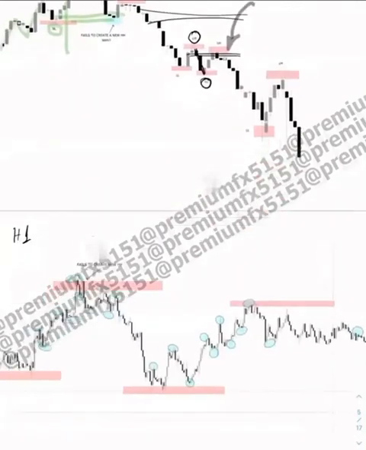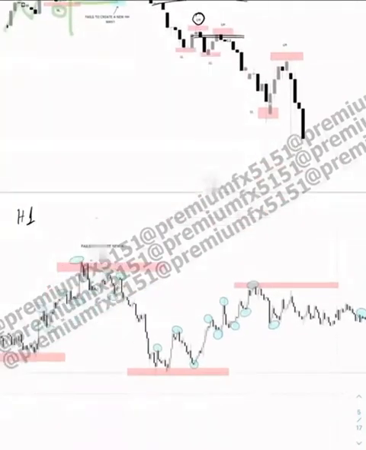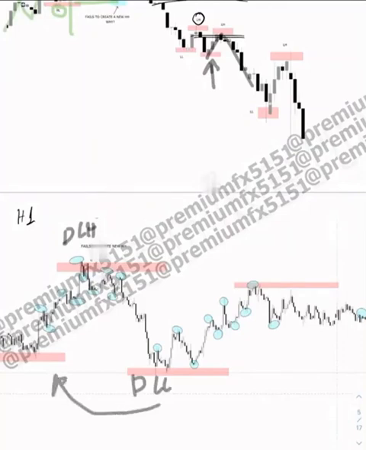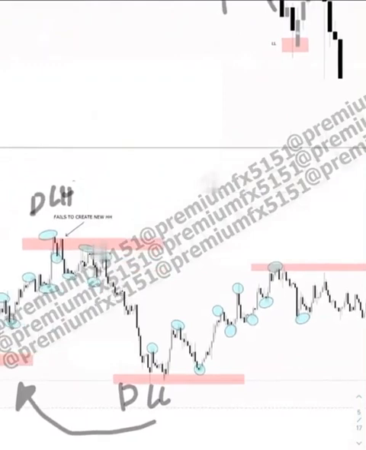What do we see? Okay, we're gonna be focusing on this move to the upside and then to the downside. Okay, so this was my daily lower high that created my daily lower low. Okay, so after we have a lower low created compared to the last one on a higher time frame, what are the things that we're expecting?